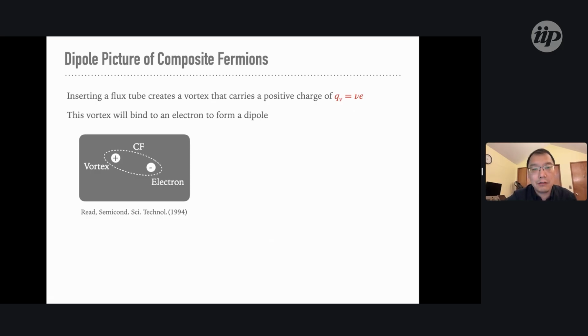It's a dipole, and we're going to call it the dipole composite fermion. In fact, because both the vortex and the electron feel the B field, their kinetic energy is quenched, so this bound state will definitely give you a lower energy. You can imagine that maybe the ground state of the fractional quantum Hall effect can be understood as a collection of those CF dipoles.